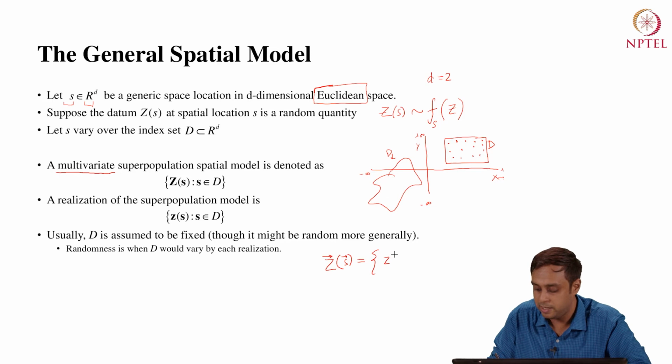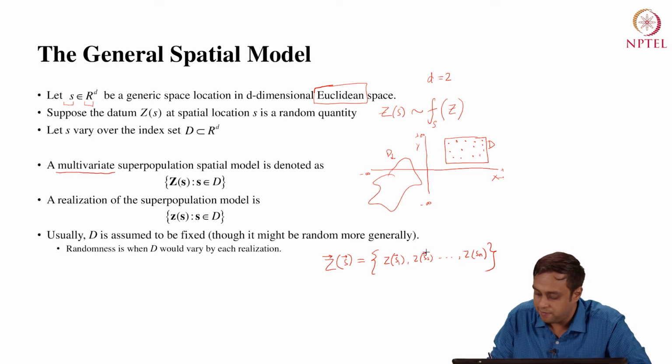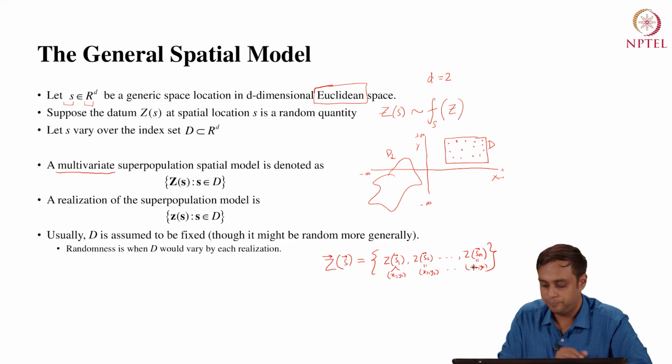You have Z at location S1, Z at location S2, and so on up to Z at location Sn. And each S itself is a vector, which means S1 is x1 comma y1, S2 is x2 comma y2, and keep going, and Sn is xn comma yn.